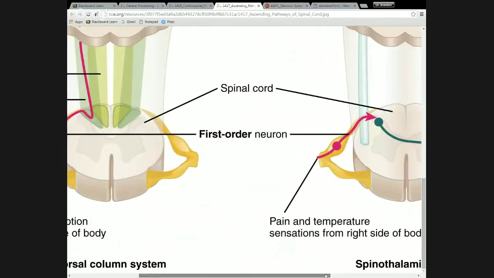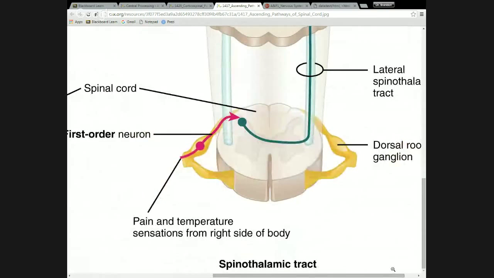Now the spinothalamic tract is very similar. The input is still a dorsal root ganglion cell. Its axon is coming from the skin. Its dendrites are in the dermis somewhere. And it enters into the spinal cord, but instead of going into that dorsal column, it synapses immediately on a neuron in the dorsal gray matter, the dorsal horn of the spinal cord.